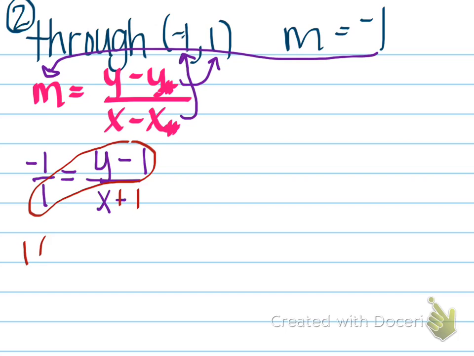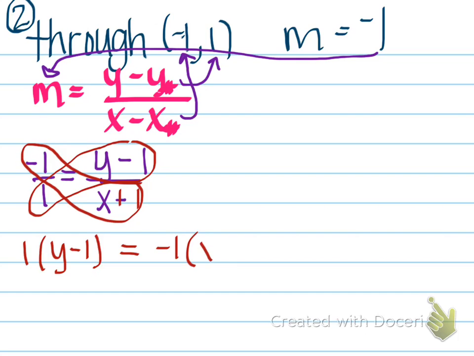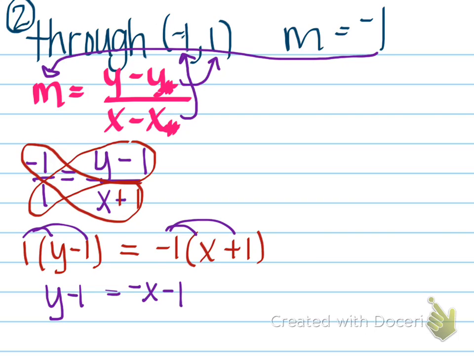So I have 1 times y minus 1, and then I have negative 1 times x plus 1. Just like I did before, I have to distribute. Well, distributing a 1 isn't going to change it, so y minus 1 is equal to negative x minus 1.